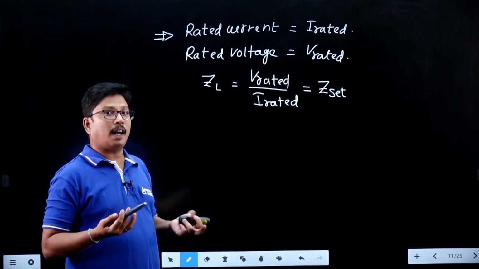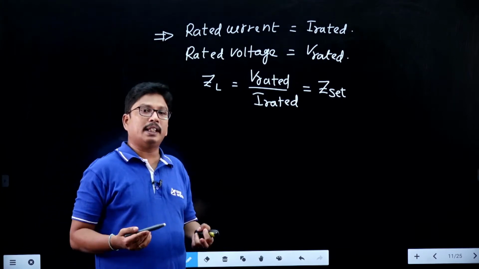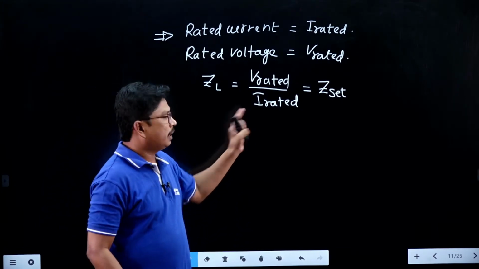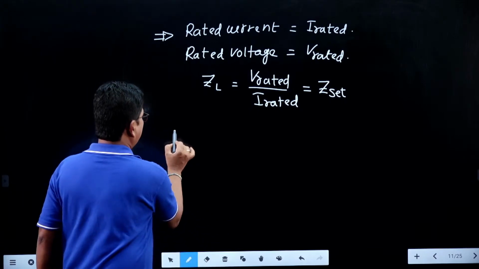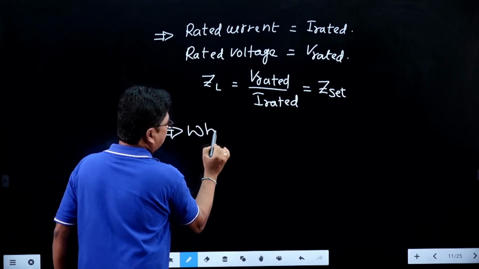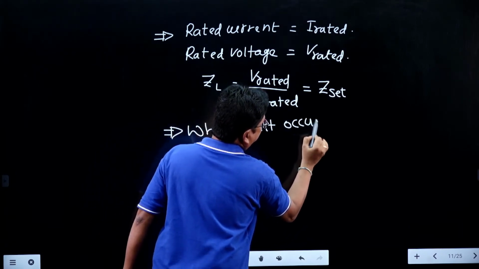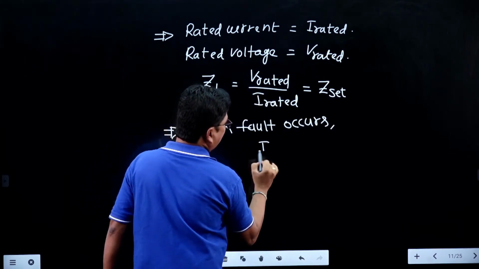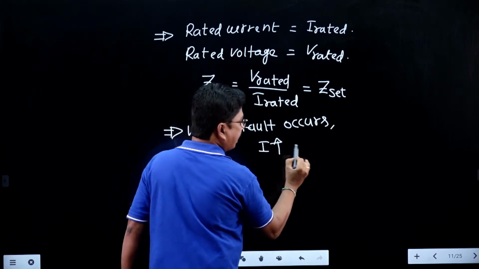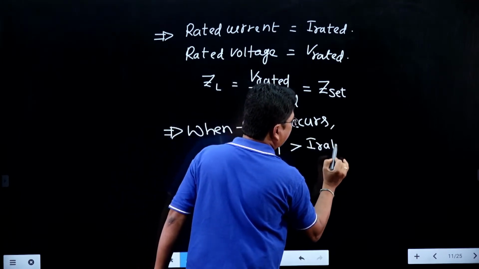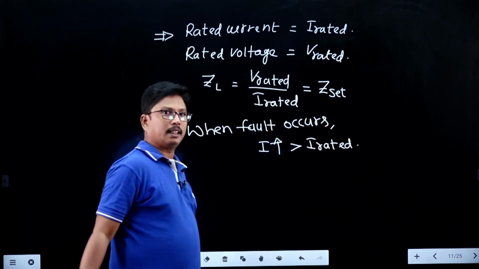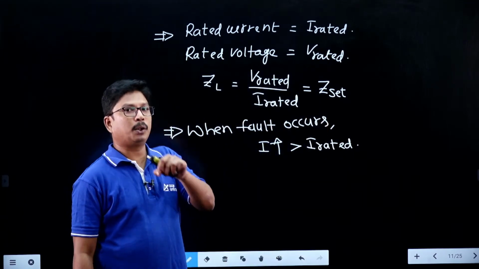Now, under faulted conditions, the current flowing in the line will be more than this rated current, right? So what happens? When a fault occurs, the current in the line will be increasing and it is more than I rated. Now, this relay is going to see this impedance.